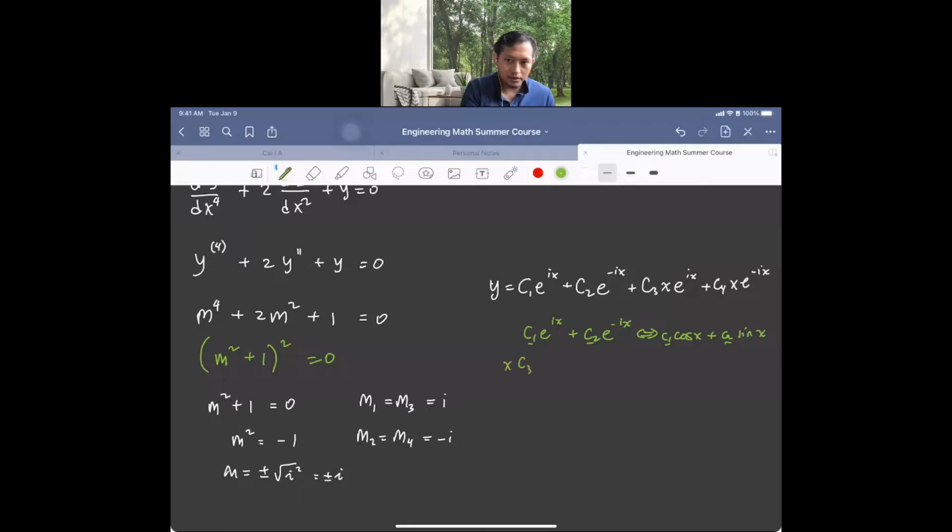And the x C3 e^(ix), or let me just write with brackets, plus C4 e^(-ix). We can rewrite this using the Euler formula: C3 cos x plus C4 sine x.